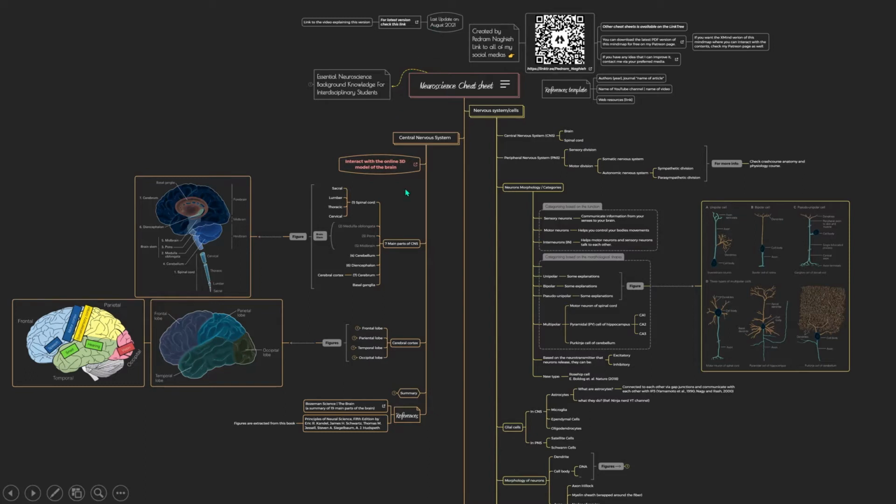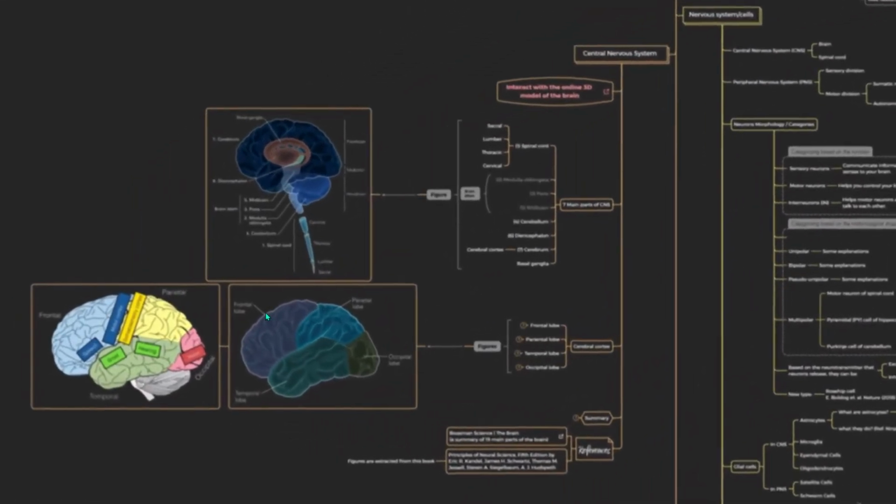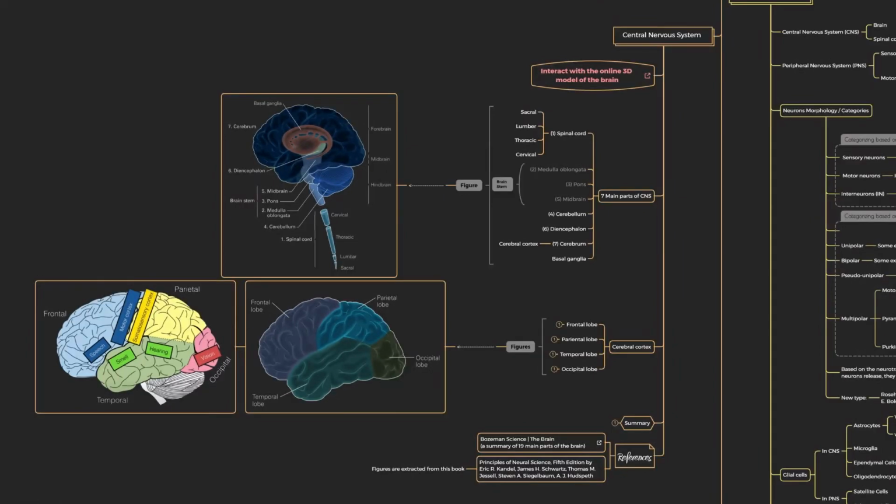So the nervous system is made out of the central nervous system and the peripheral nervous system. The central nervous system is explained in detail on the left side here, and if you want to know more information about it, I highly recommend you check this website, which is a 3D version of the brain.